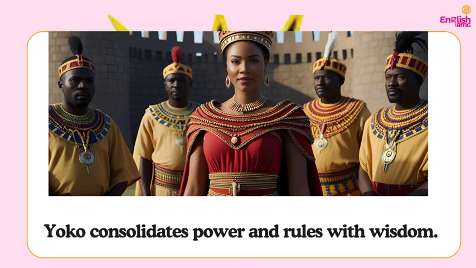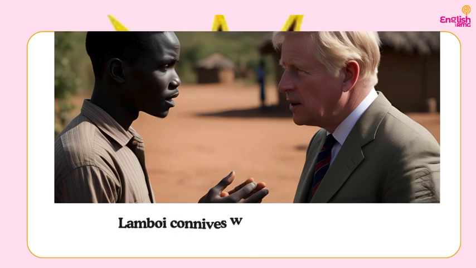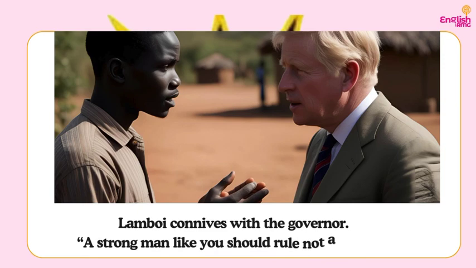She consolidates power with her people and she also cooperated with the colonial governors. So she didn't have much trouble from the colonial governors, but she has much trouble from her own people because they do not want to be ruled by an ordinary woman, in their own words. Lamboy, who still has the ruthless crave for power, wanted to rule at all costs.